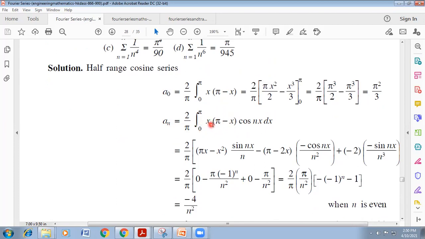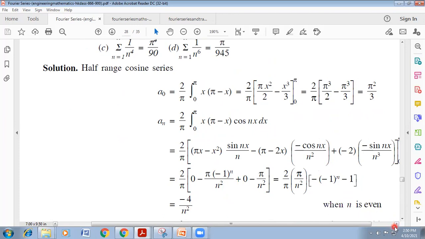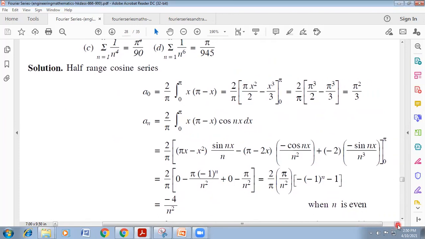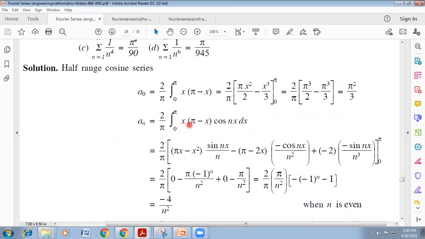Now putting f of x equals x into pi minus x, we get this one. Now this is actually the UV method. U is pi x minus x square, and what is the integration of cos?